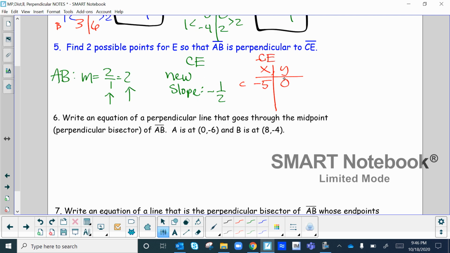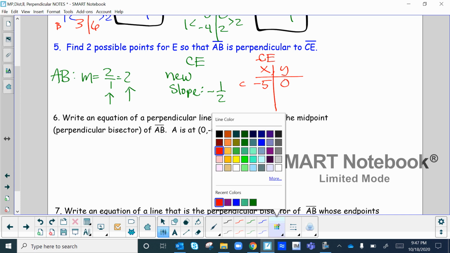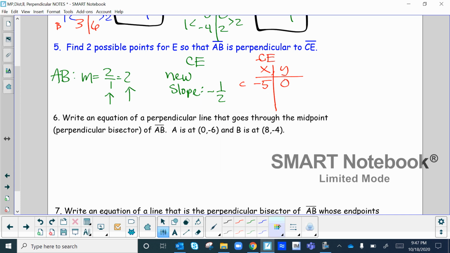All right. And we want the new slope to be, remember, this is the change in y. And the negative, guys, we can put up at the top. This is where it gets a little confusing for kids because the negative's usually in the middle. And some people will say, well, what do I put the negative with, the 1 or the 2? So I'm going to put it over here on this side, -1, and this one's going to go up 2.